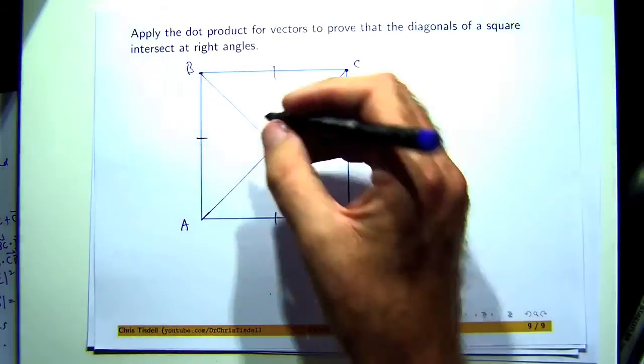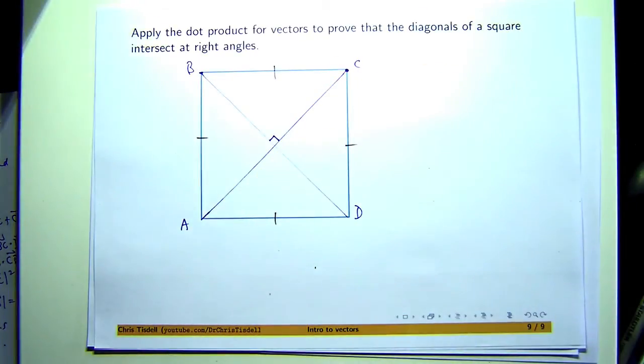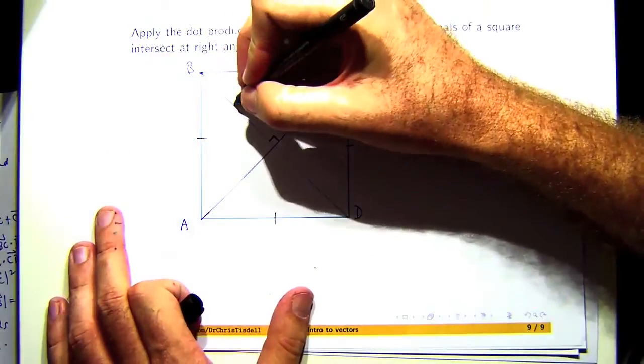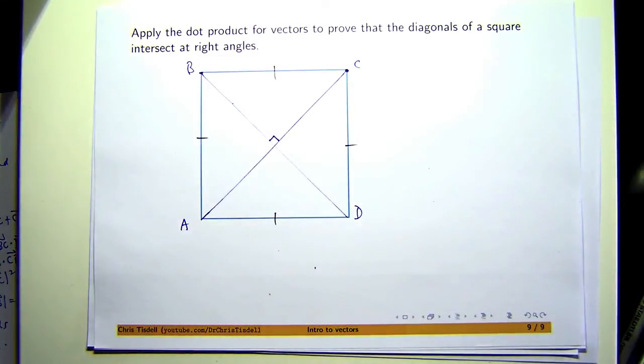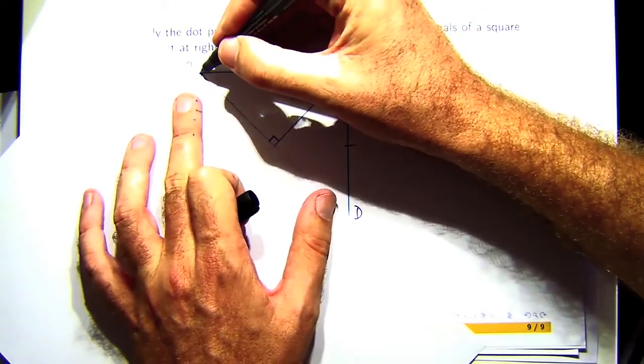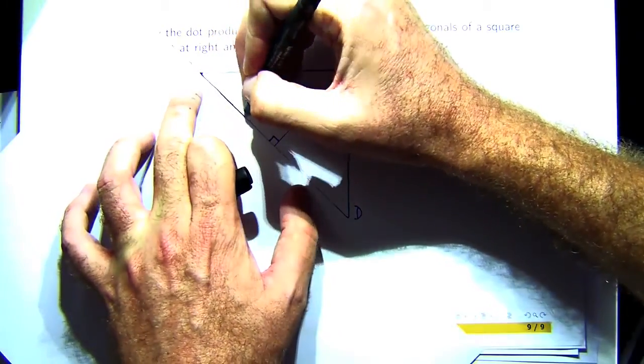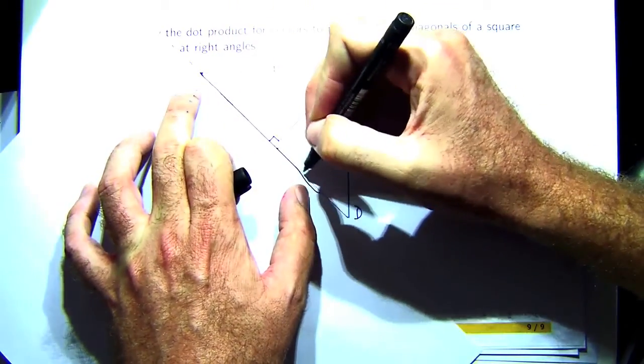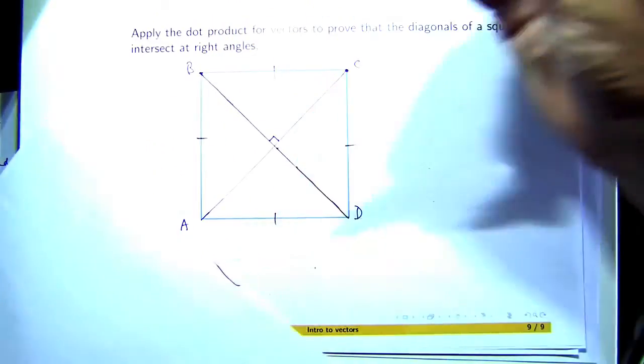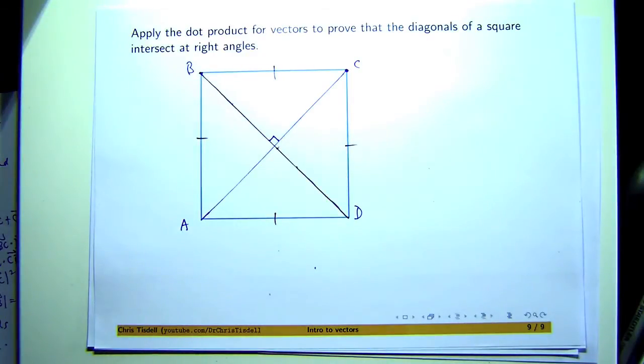Kind of want to show that these things cut at right angles, really. So we're asked to essentially use dot product, so they want us to use vectors for this one.